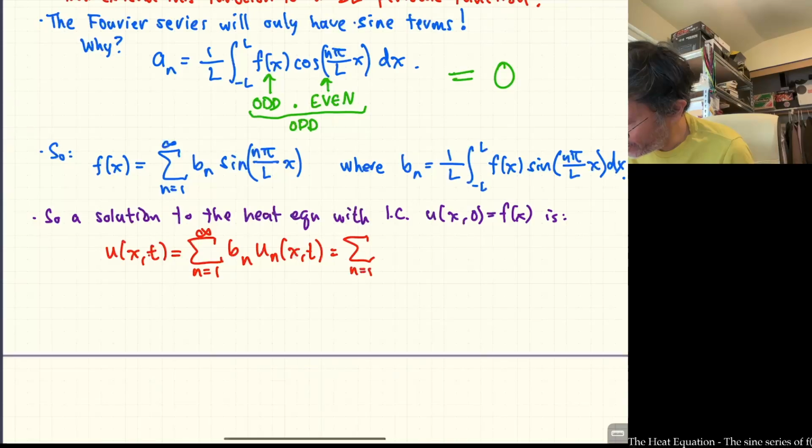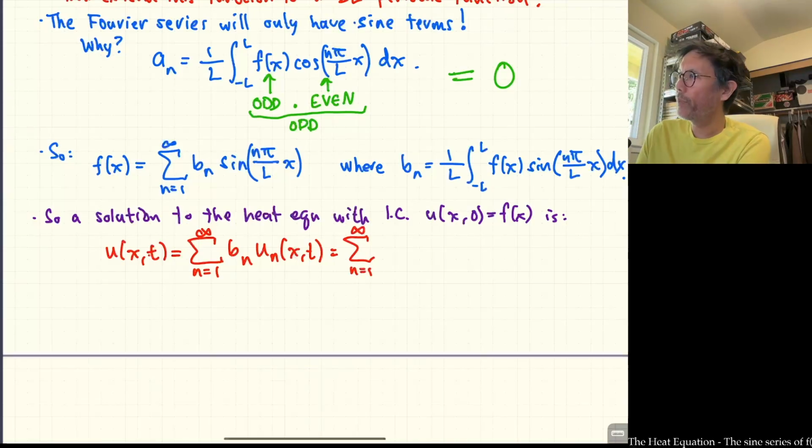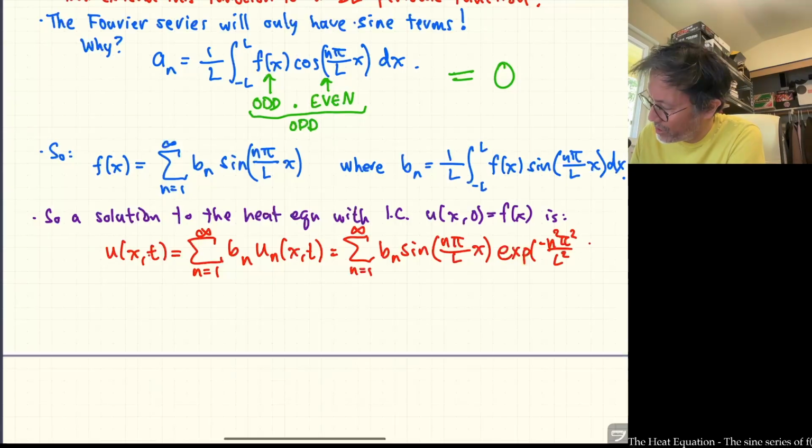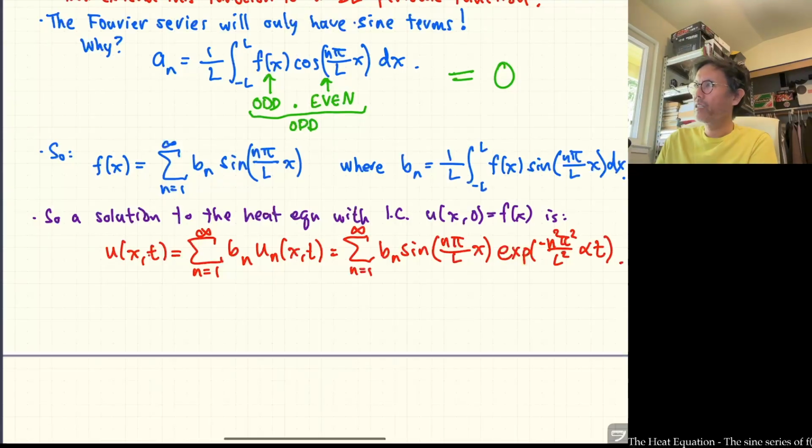Sum from n equals 1 to infinity of b sub n times sine of n pi over L times x times the exponential of negative n squared pi squared over L squared times alpha times t. That's it. We've now solved the heat equation.